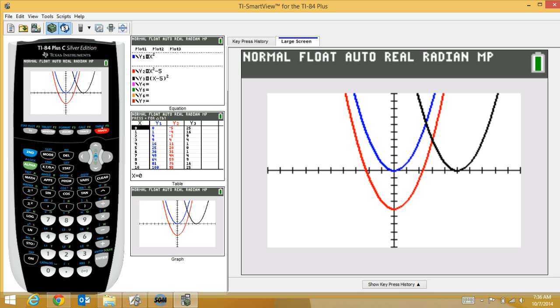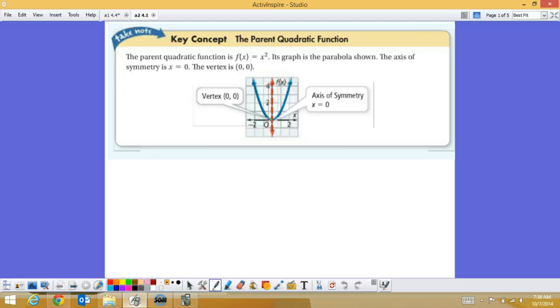So the same rules apply to these quadratics, and the shape of this we call a parabola. The shape is curved, but the same rules apply as far as the translation. So when we go to our notes, there's the parent function.